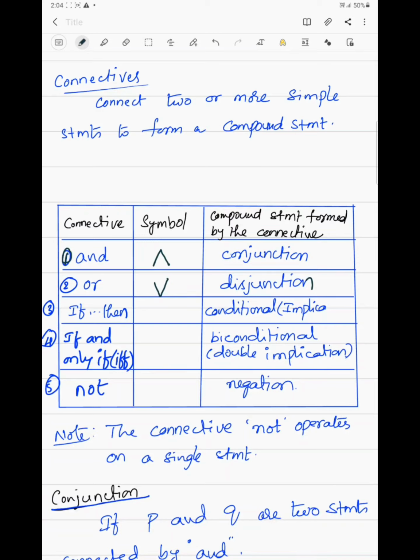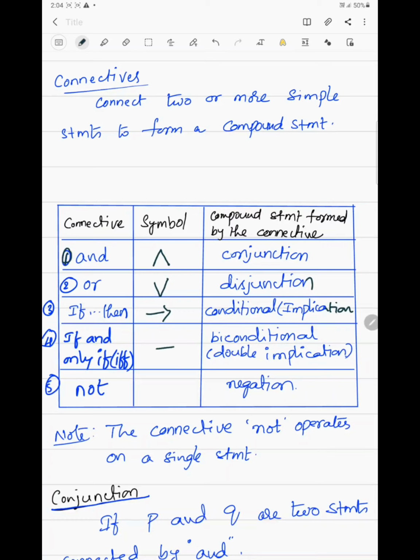Then this is called a conditional statement, simply implication, and the symbolic form is the arrow mark, implication. Fourth one, if and only if, or simply IFF, is called biconditional or double implication.